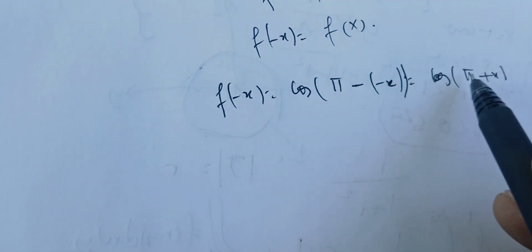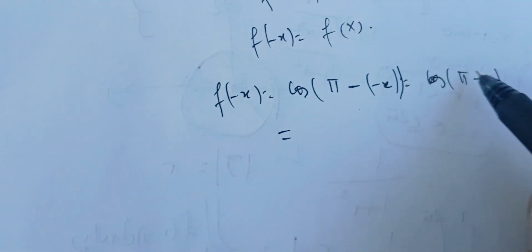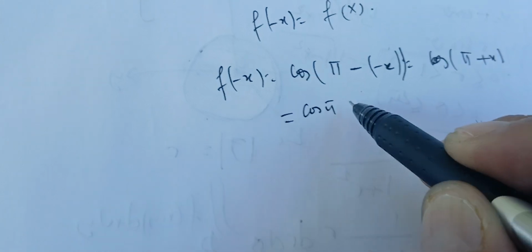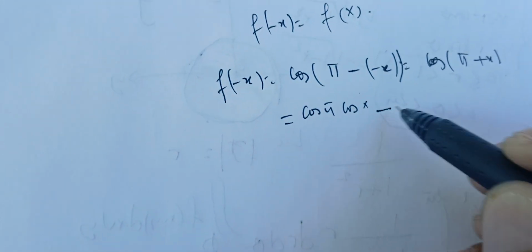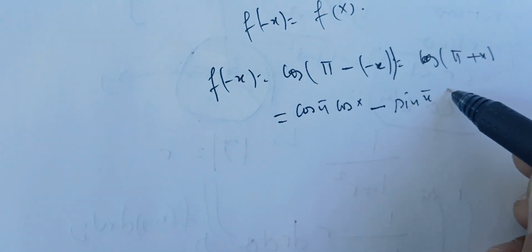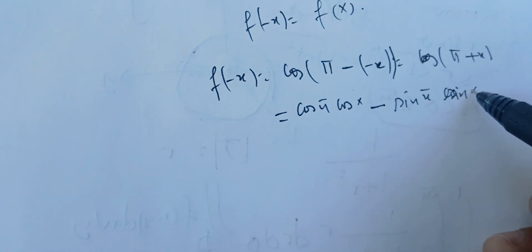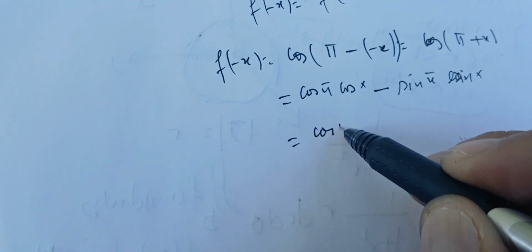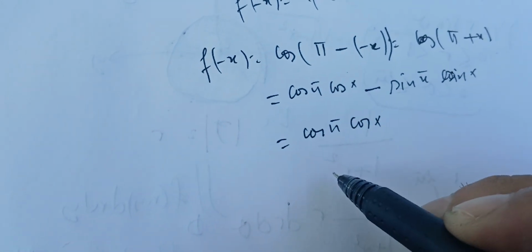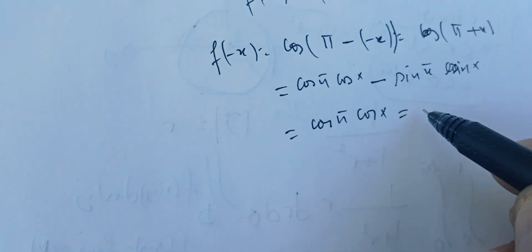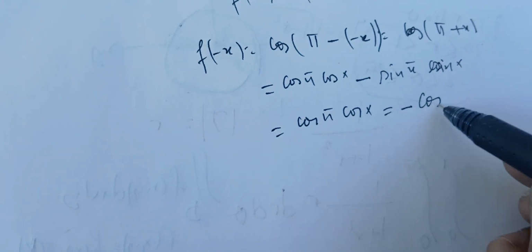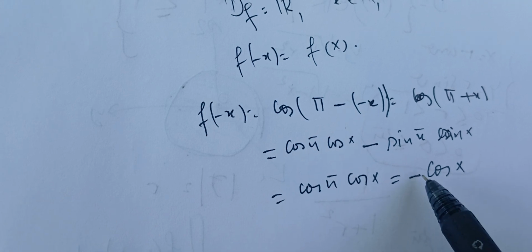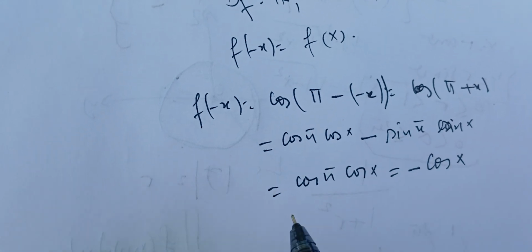And if we expand this one here, we're gonna get the cosine of pi times cosine of x minus sine of pi times sine of x, and this is 0, so therefore we have cosine of pi cosine of x, and cosine of pi is -1. We have then minus cosine of x. But this is not what we wanna prove.